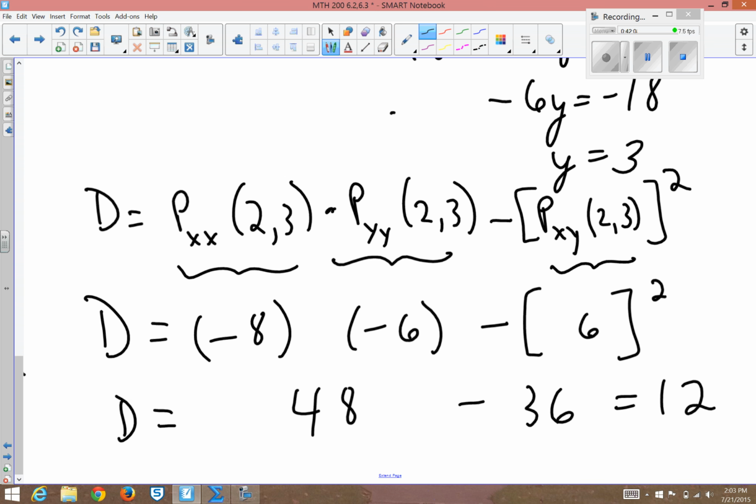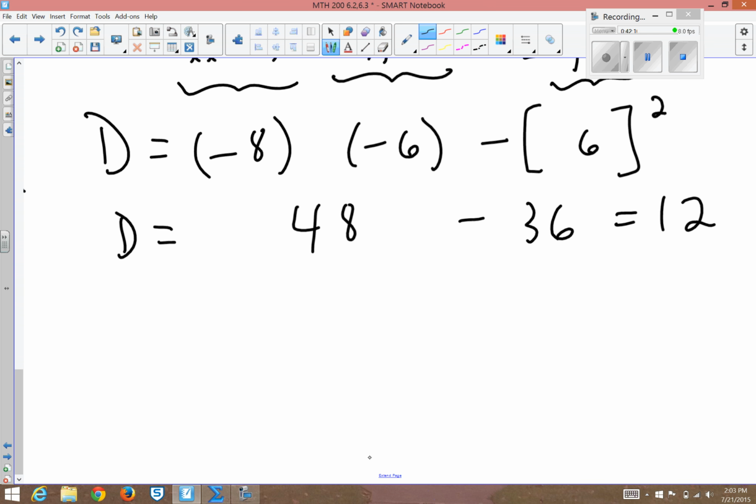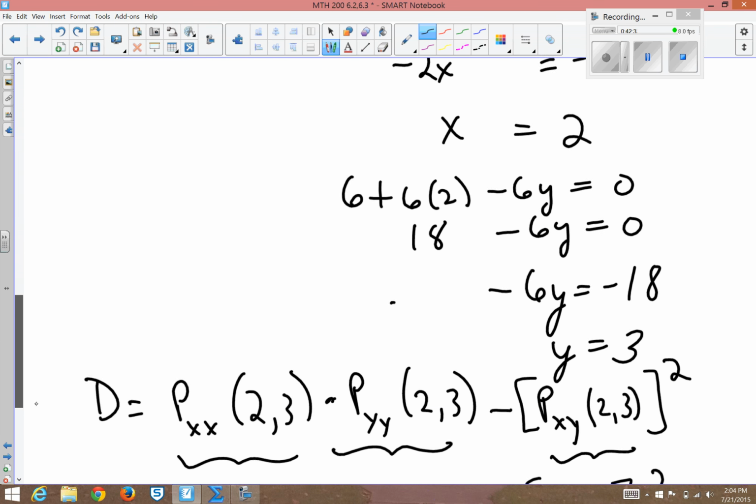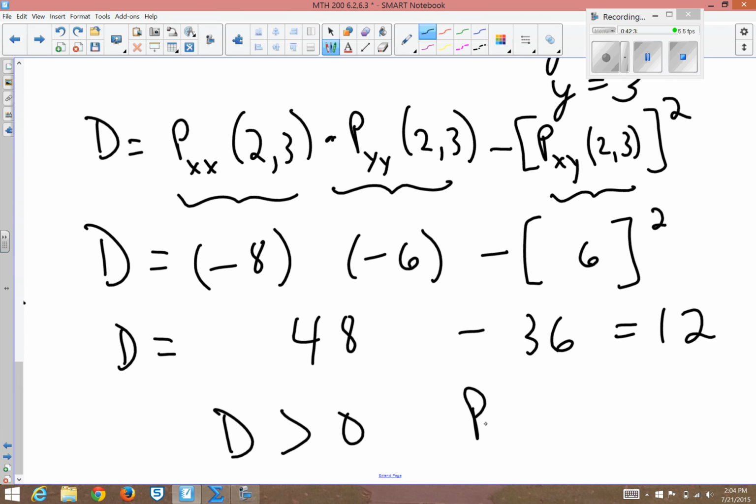So the important thing about this D is that it's greater than 0. So here's the thing. If D is greater than 0, then we have either a maximum or a minimum at 2, 3 in this case. So we have to look at P subscript xx evaluated at A, B, which in this case is 2, 3.